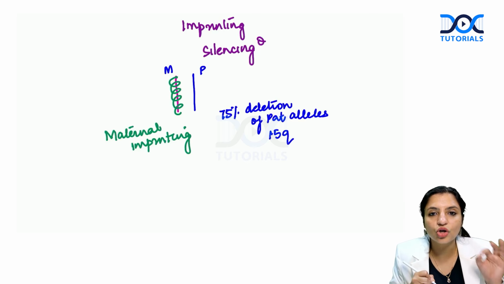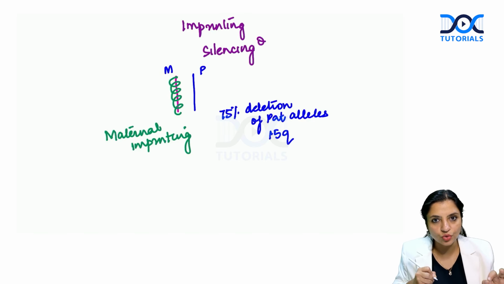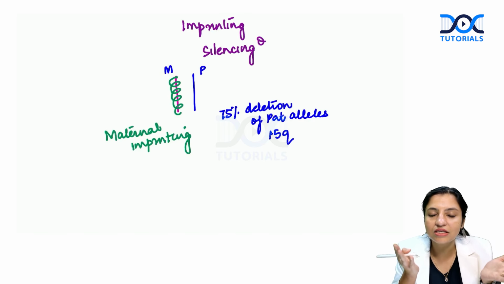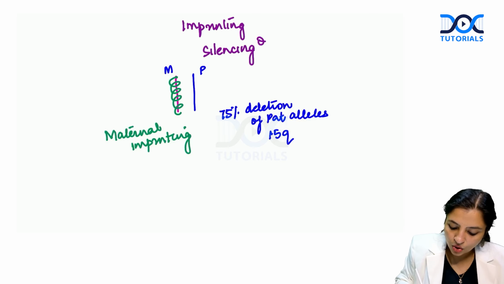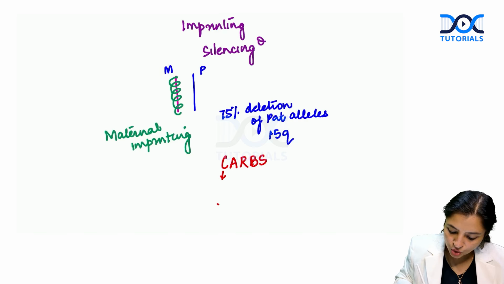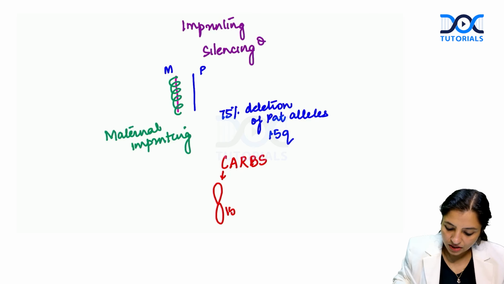This allele is present on chromosome number 15q. How do you define the address of the gene? For that you have to use the formula called CARB. So what is CARB? C is chromosome, so whatever is the chromosome, let's say 15. Then A is the arm, so let's say 15q.